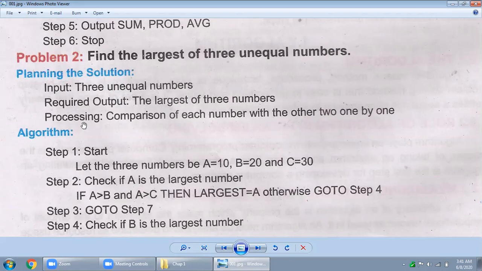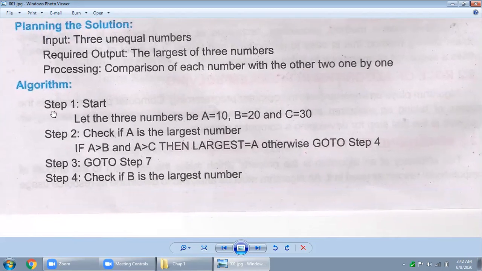And our processing in this algorithm is comparison of each number with the other two numbers. I can compare the first number with the other two numbers. Then I will take the second number and compare with the first and third numbers. And then I will take the third number and compare with the first and second numbers. In this way, I can achieve the largest number easily.